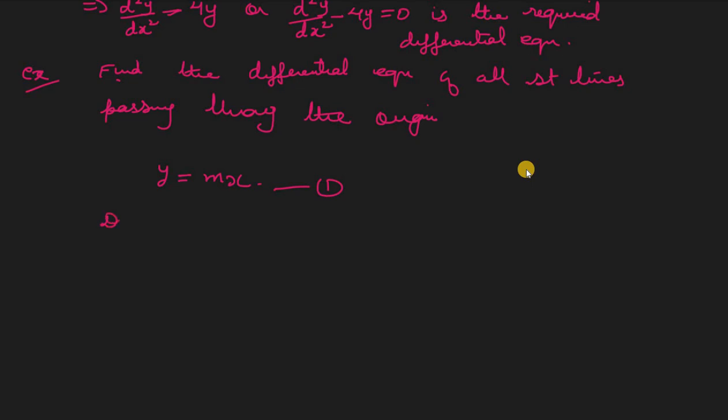Differentiating 1 with respect to x, we have dy/dx is equal to m, because m here is a constant, so if you differentiate it, it will give you 0; you keep it as a constant, differentiate x only, and dx gives you 1.